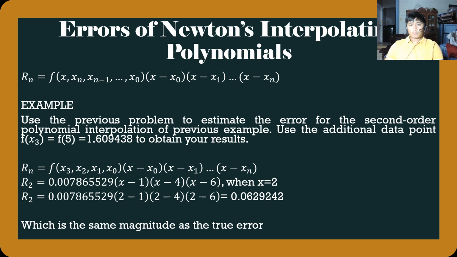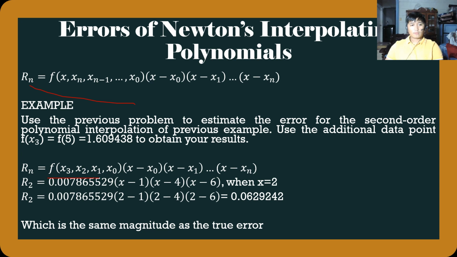Of the previous example, use the additional data point f of x sub 3 equals 5, 1.609438.